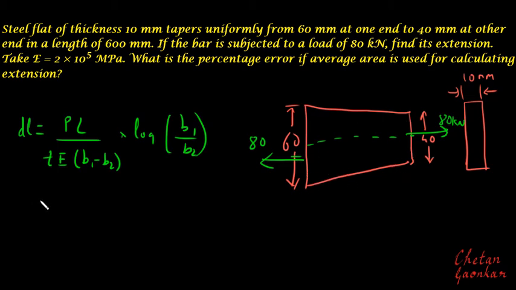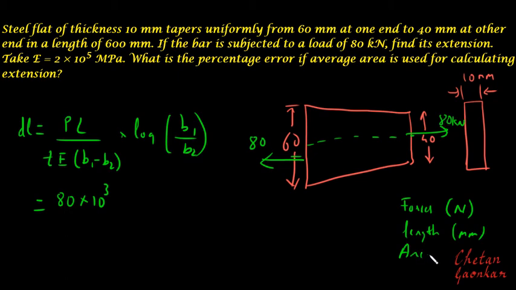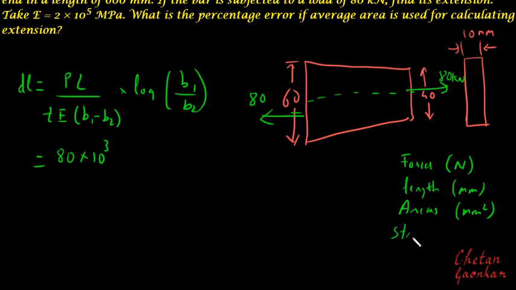The load is given as 80 kilonewton, so I can write this as 80 multiplied by 10 to the power 3 newton, because we would like to keep forces in newtons, lengths in mm, areas in mm square, and stresses and Young's modulus in megapascals.